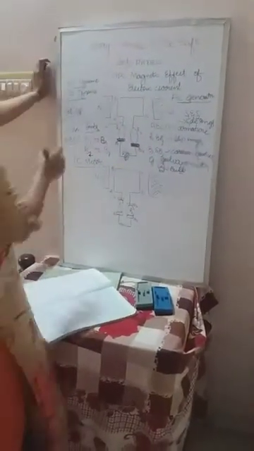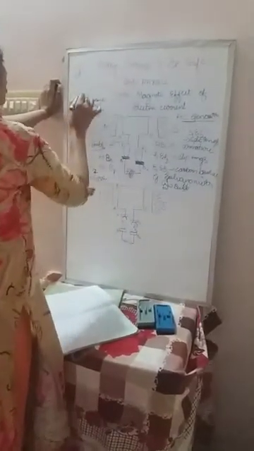I told you already, slip rings are complete rings, and split rings are rings cut into two halves. So instead of slip rings, they are using split rings.